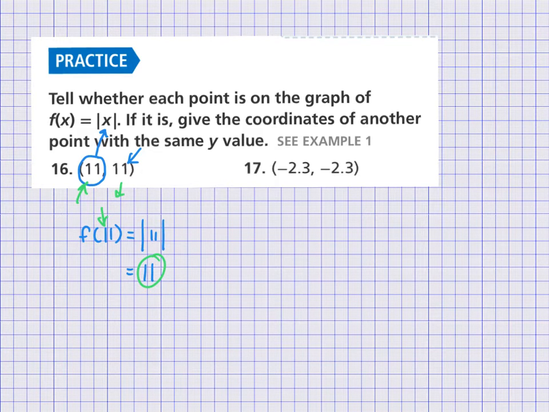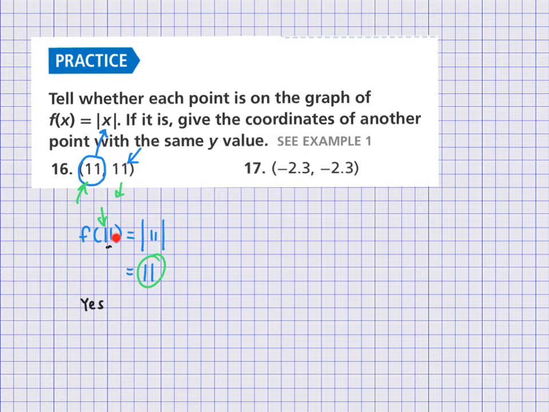Okay, so now the next part says give the coordinates. First off, let's answer that question. The answer is yes. Now the second part: if it is, give the coordinates of another point with the same y value. So what is another number that I can insert into this function and get the same number?